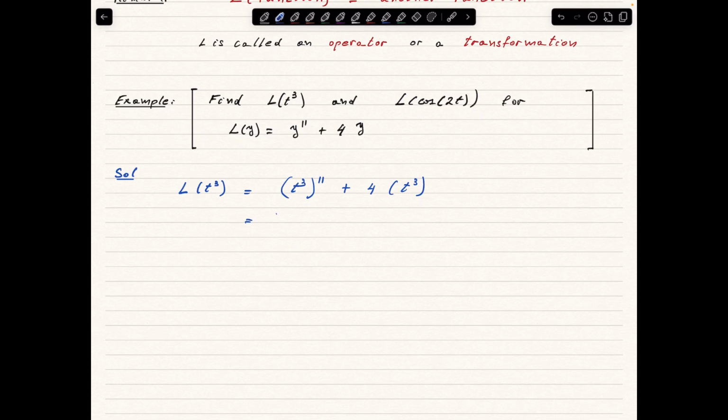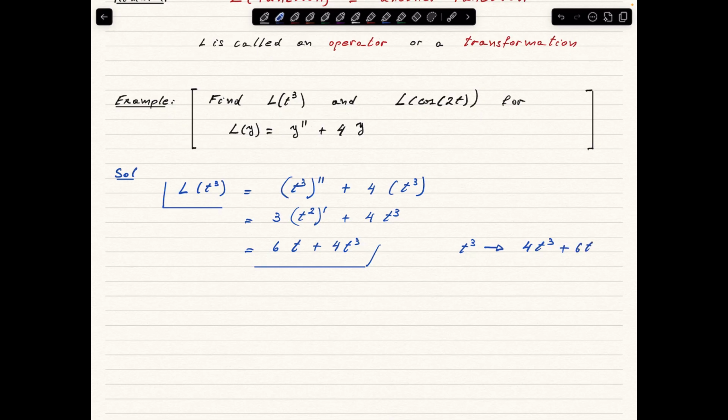The first derivative here is 3t squared, and then we still have to compute one more derivative, plus 4t cubed. Here there's not much to do, and when we compute the last derivative we get 6t plus 4t cubed. Well, that's that. So what this operator is doing is, to the function t cubed it associates the function 4t cubed plus 6t.